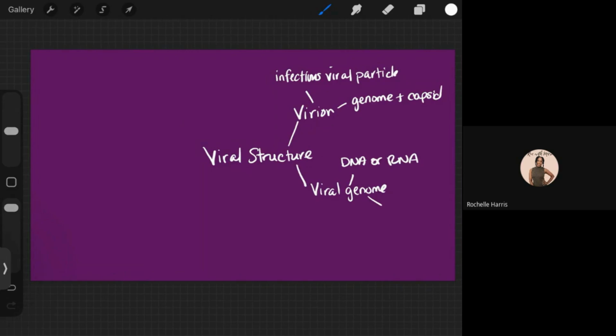So we'll do single-stranded or double-stranded. And lastly, stemming from viral genome, we have linear or circular. Linear or circular.